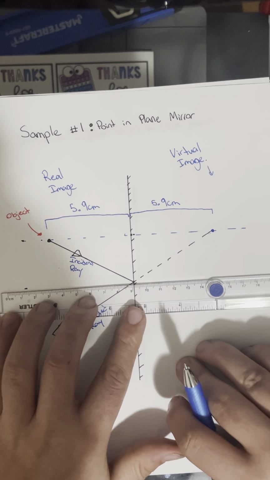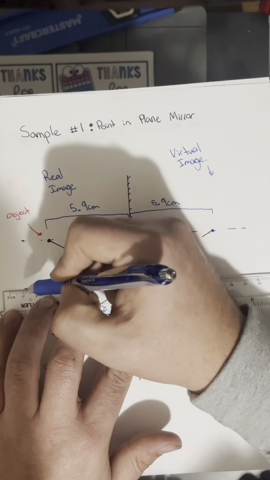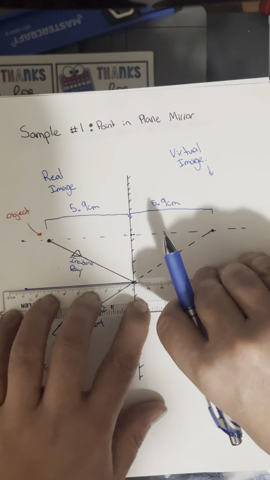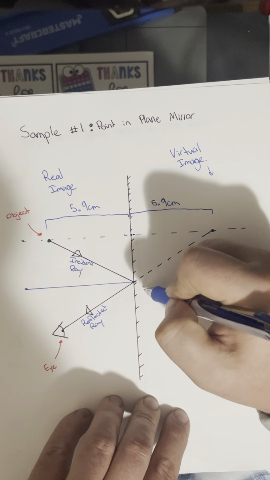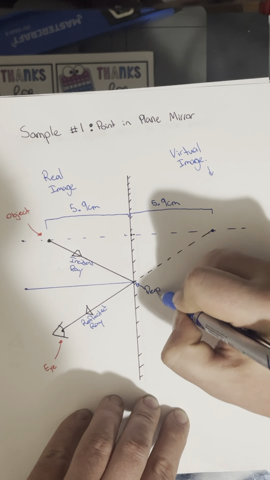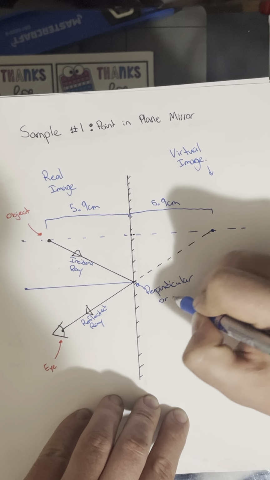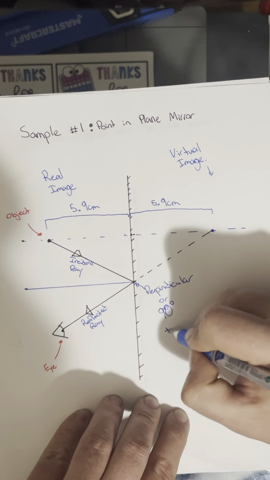And now a big thing here, make sure that you are using rulers just to make sure that everything is accurate. Oftentimes your angles are not going to work out very well if you are just trying to freehand this. So we are assuming that as best as possible, this here again is perpendicular, or 90 degrees, to the mirror.